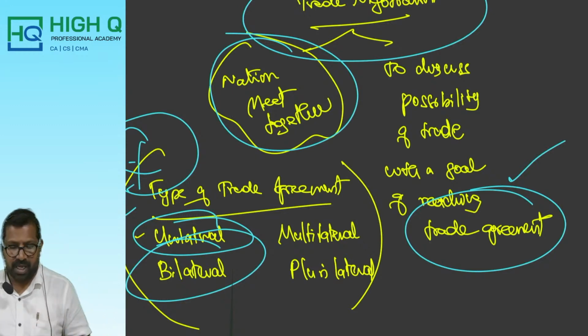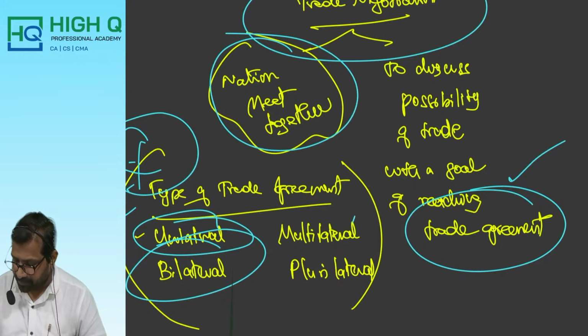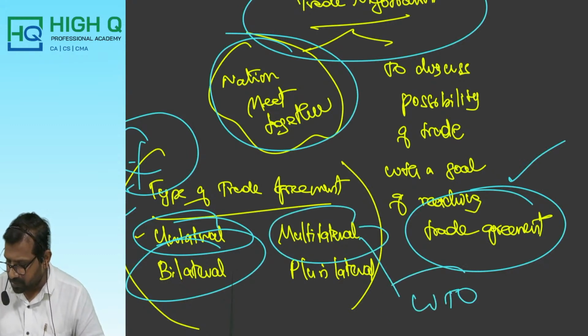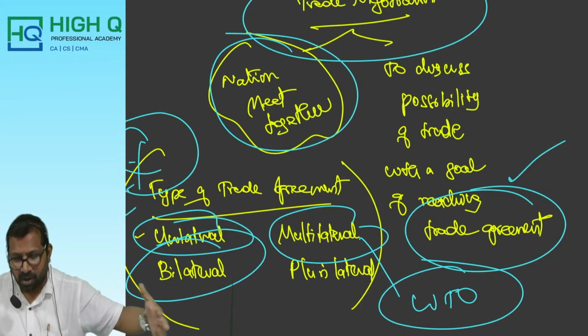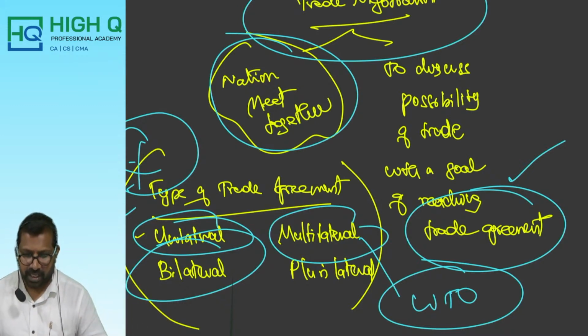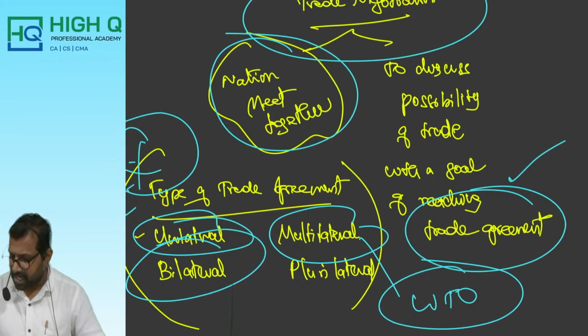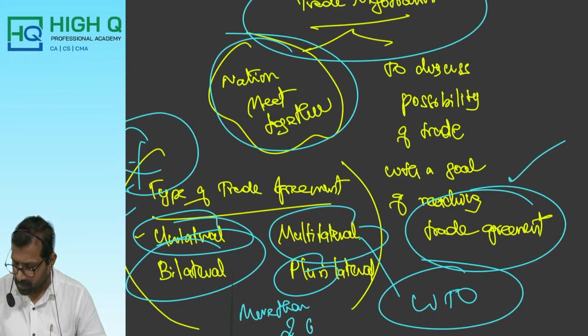Two favored trade nations discussing trade between two countries is called bilateral. Multilateral means many nations at one time. Multilateral example: WTO, World Trade Organization agreement, where many nations at one time engage in the trade agreement. Plurilateral means an agreement between more than two countries.